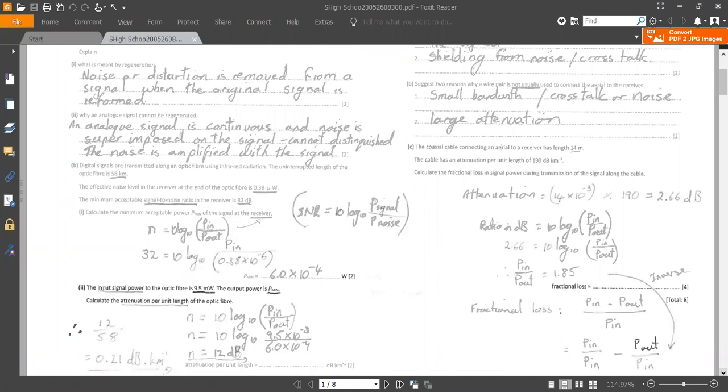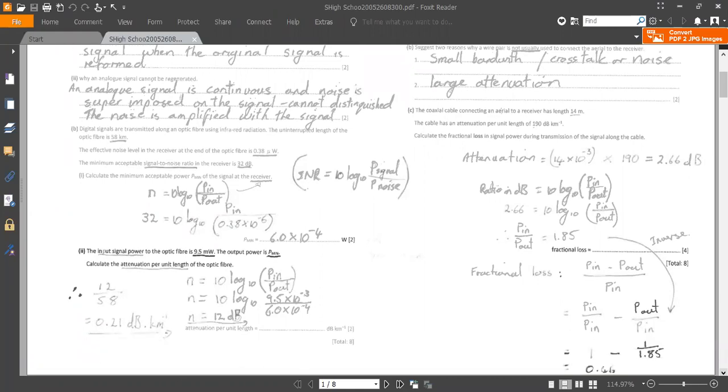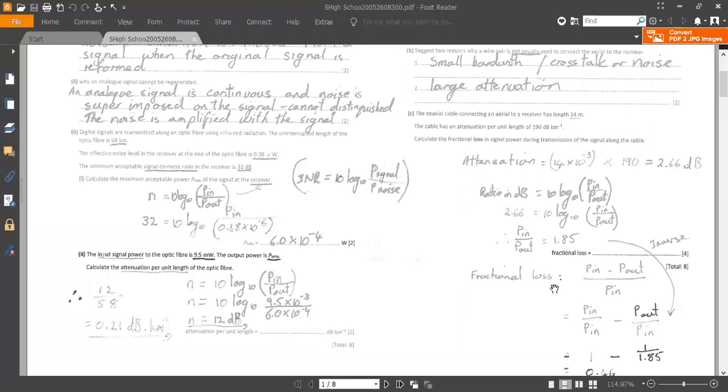All right, so the question that you had some trouble with was number 4C, the fractional loss. Remember, when we talk about fractional loss, it is the difference over the original, so the change over the original.